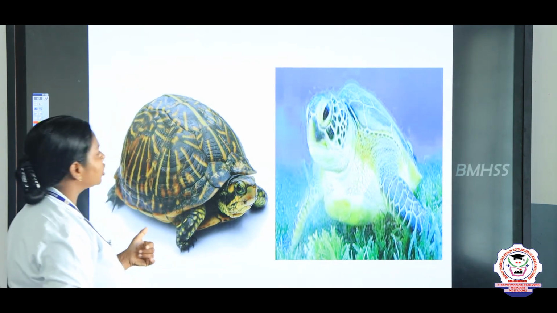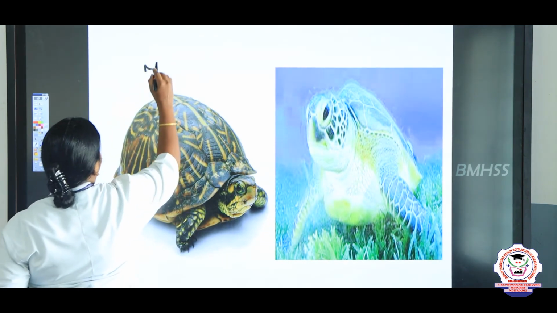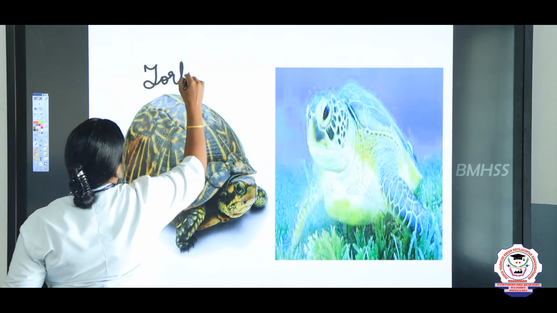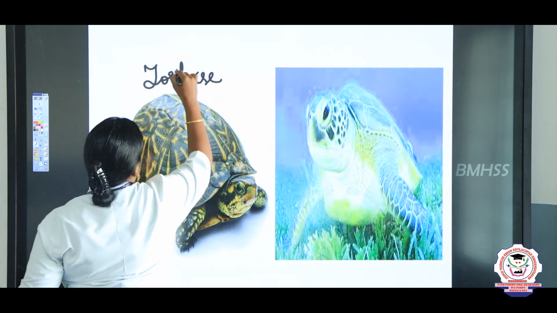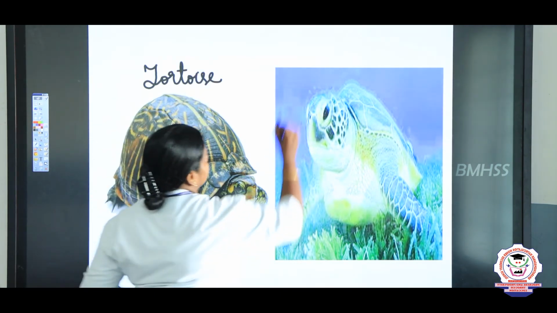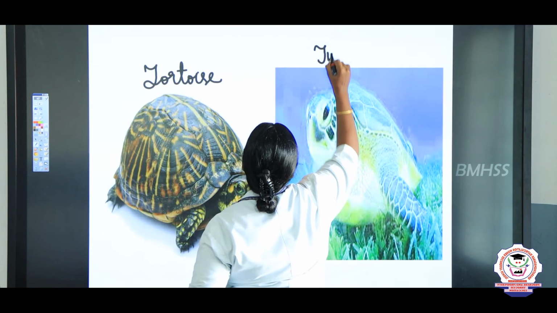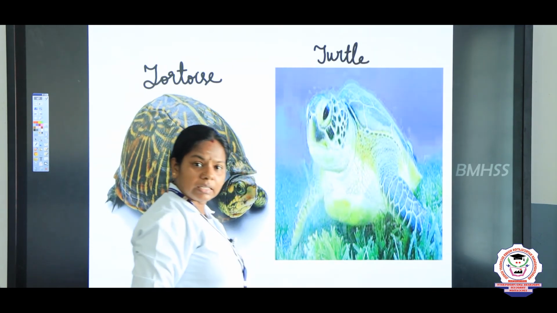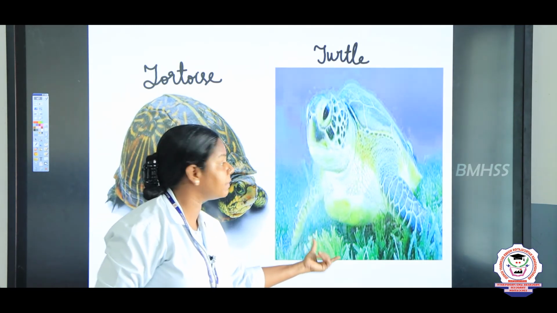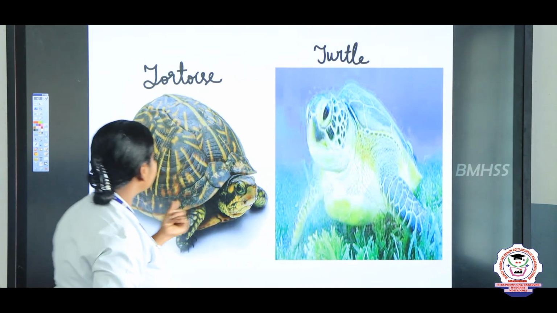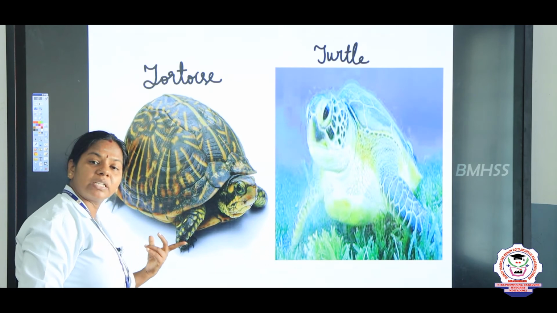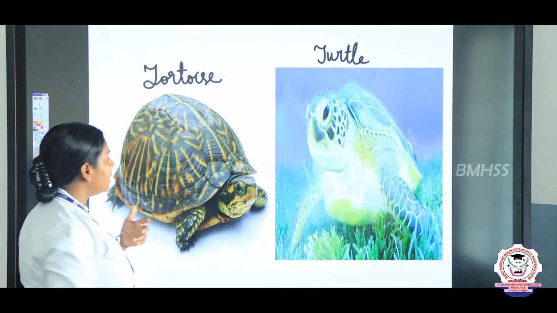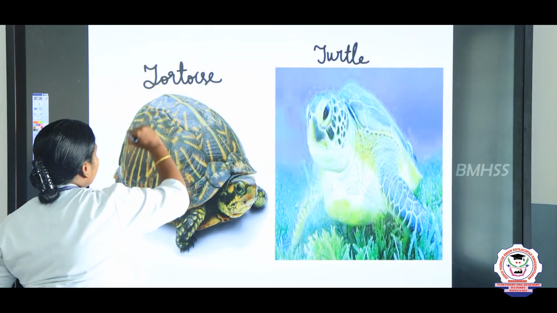So it is a tortoise and this is a turtle. What is the difference between a tortoise and a turtle, children? Turtles spend most of their time in water, but tortoises spend most of the time on land.